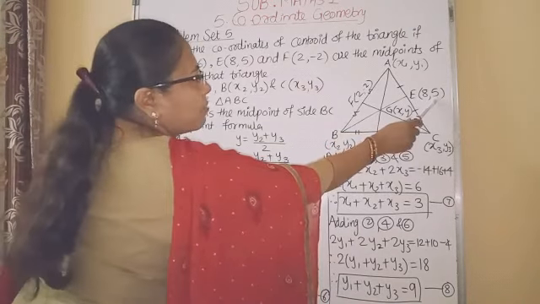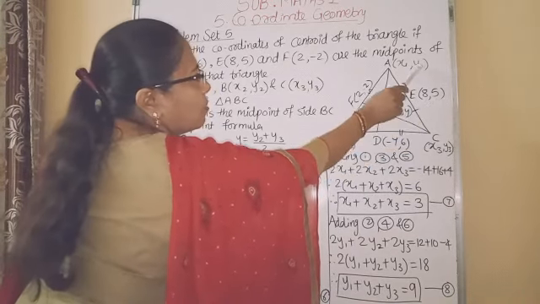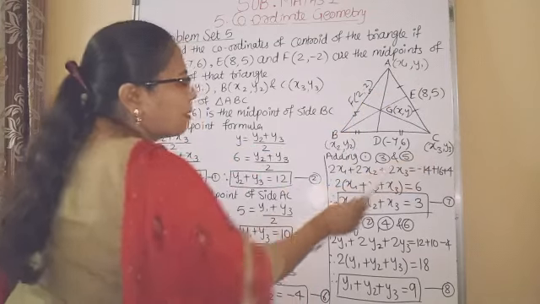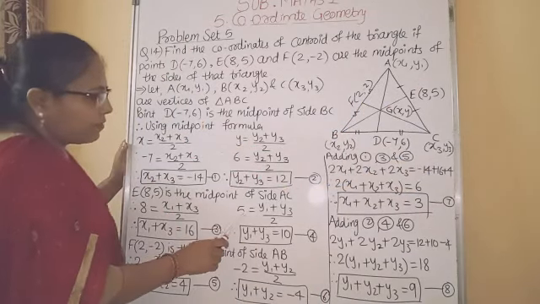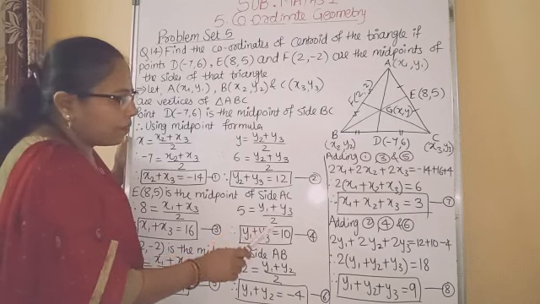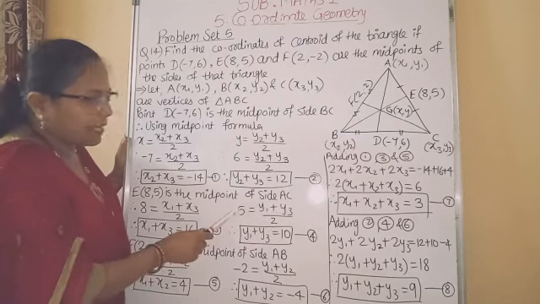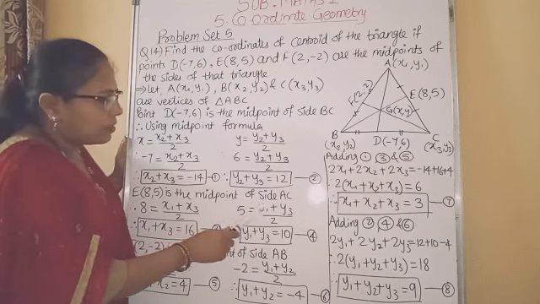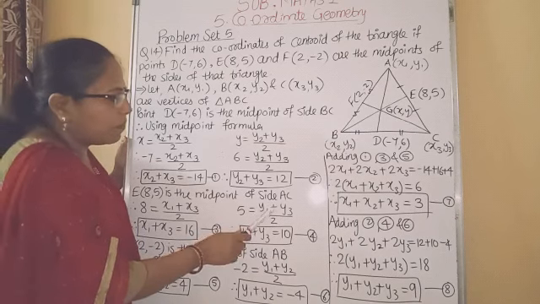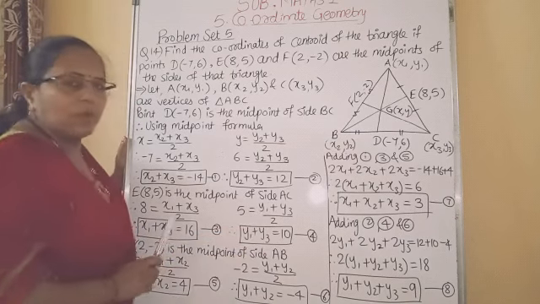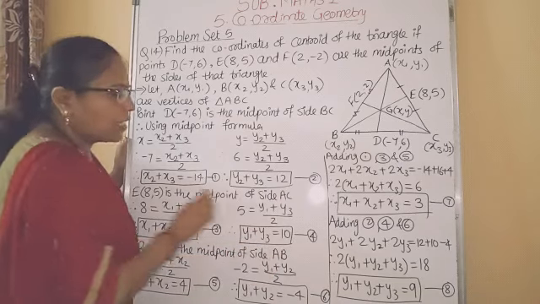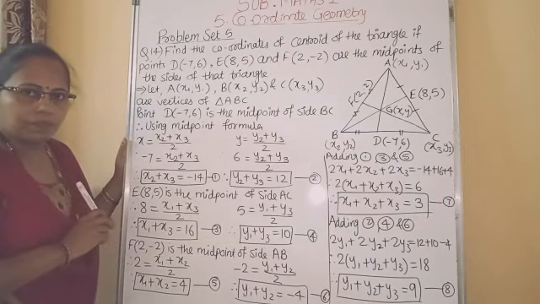Then the y coordinate: 5 is equal to (y1 plus y3) upon 2. The 2 gets multiplied across, 5 into 2 is 10. So y1 plus y3 is equal to 10. This is our equation number 4.